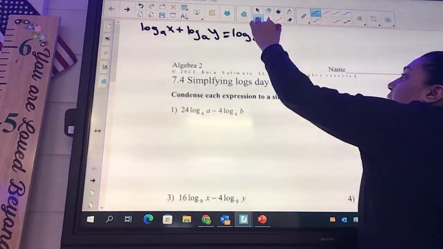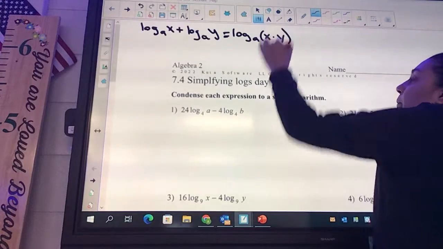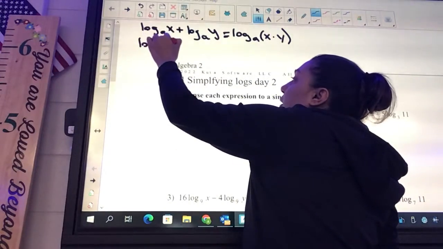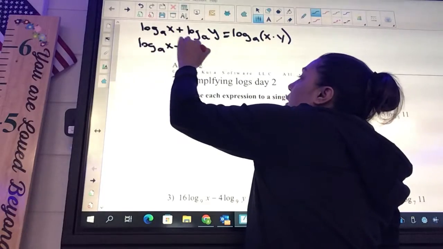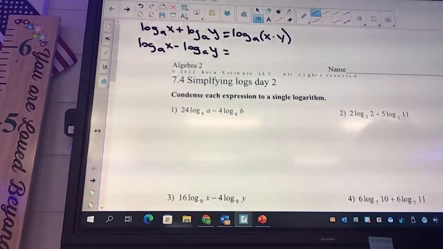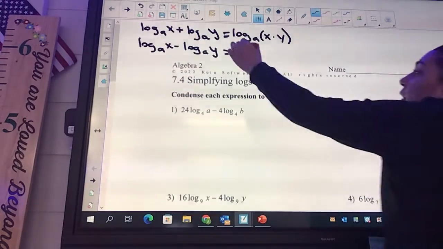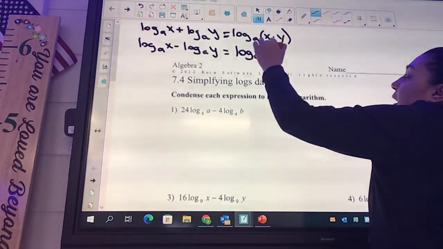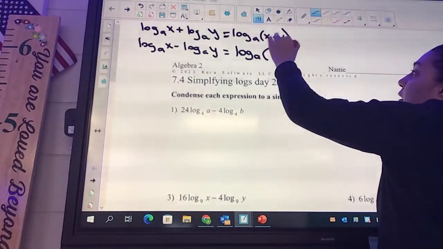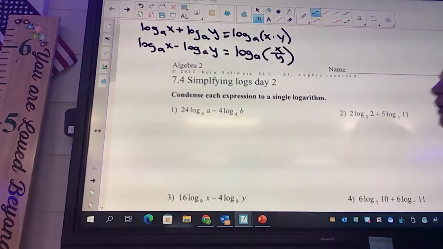Log base a of x times y. Okay, if we have log base a of x minus log base a of y, what is it going to be? Division. You guys have to have these memorized. I'm going to ask you them on a quiz, so you need to make sure that you can write the verbiage out like this. X divided by y.